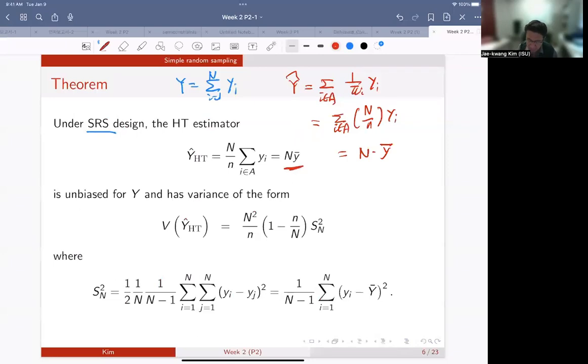That is what's going on here. It is unbiased, already, because the Horvitz-Thompson estimator is unbiased. And the second part is the variance, so we need to show this.